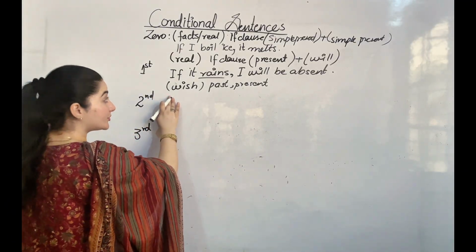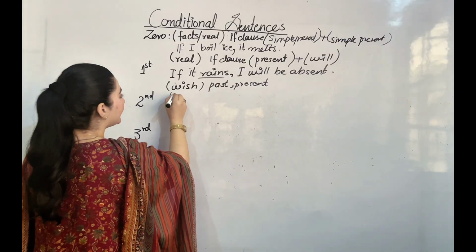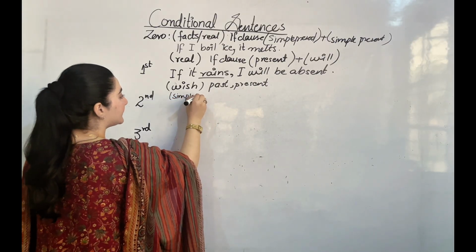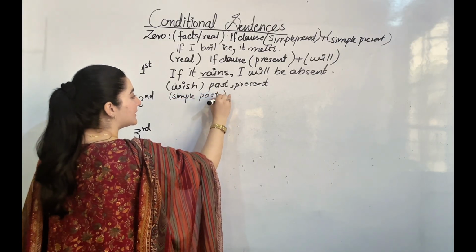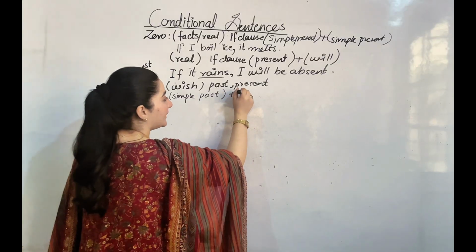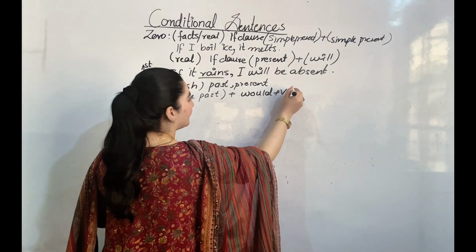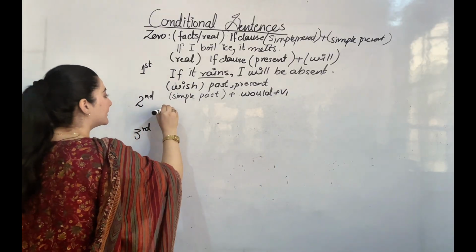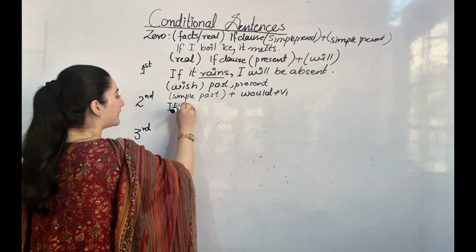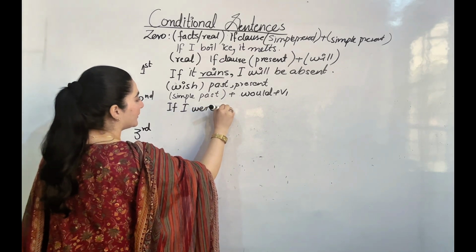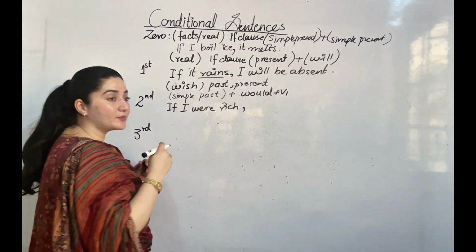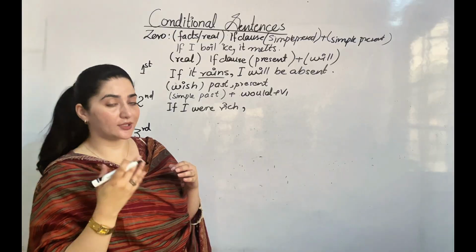The sentence structure that we follow is the if clause with the simple past, and the consequence or main clause with would plus first form, or were. For example, if I were rich, कि अगर मैं अमीर होता या होती, तो क्या consequence होता?